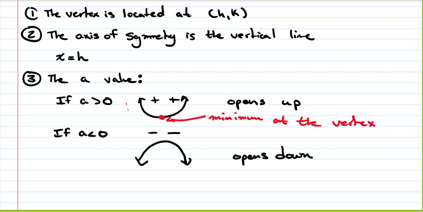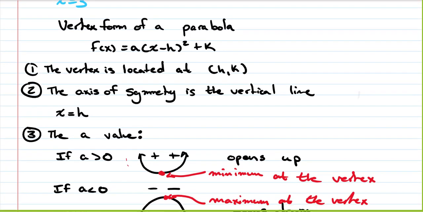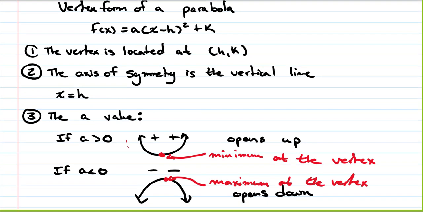If our parabola opens down, it's going to have a maximum at the vertex. So in our vertex form, h and k tell us where the vertex is, h tells us where the axis of symmetry is, and then a tells us whether our parabola opens up and is happy, or if it opens down and it is sad.